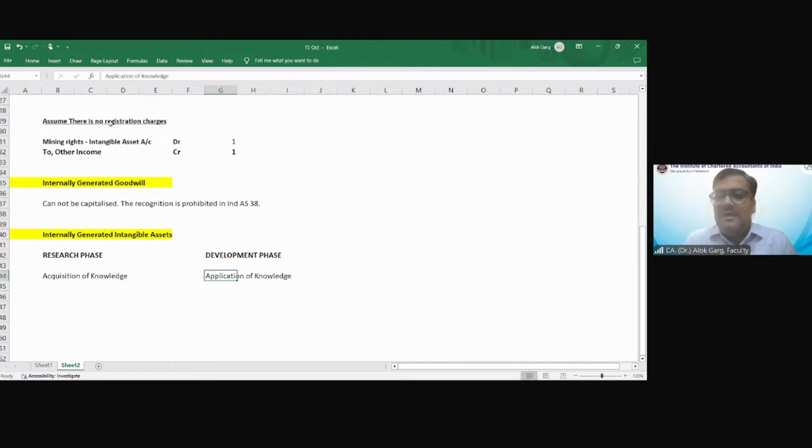Research phase is going on, right? Whether we will be able to clear the exam or not, don't know which kind of question will come. You are learning, you are studying, you are reading all the chapters, right? Probably the question will come from MTP, probably the question will come from RTP, probably the question will come from past examination papers, probably the question will come from ICAI study material, right?